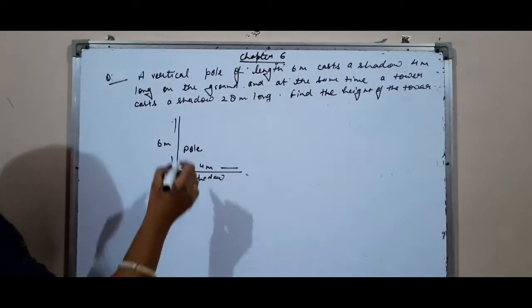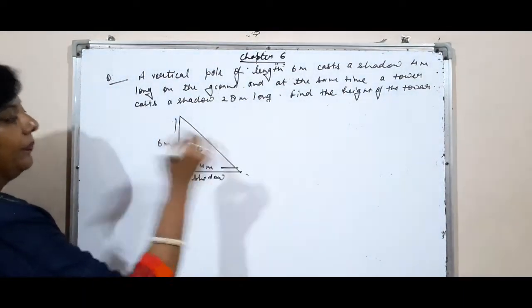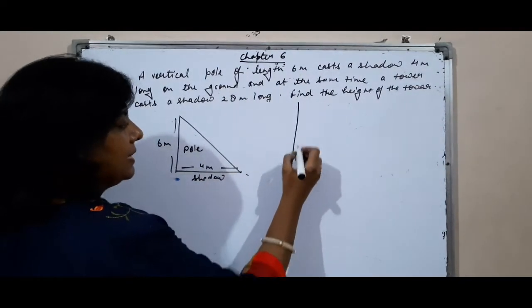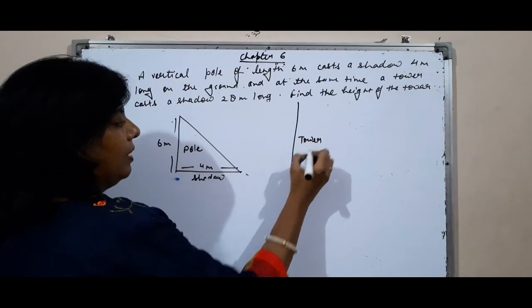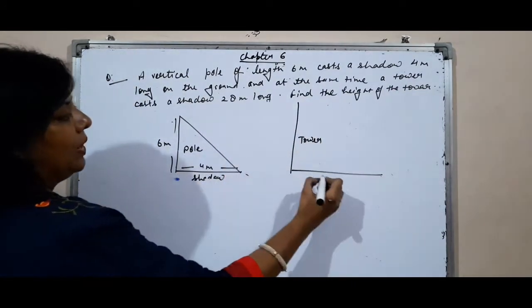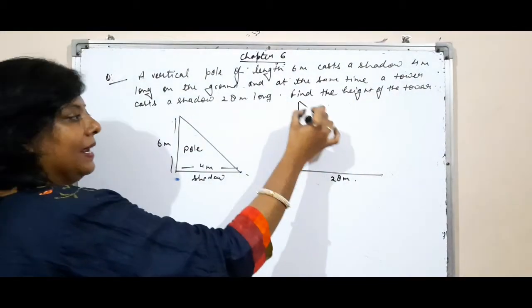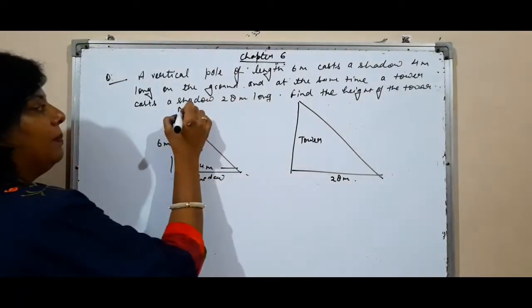At the same time a tower casts a shadow 28 meter long. Find the height of the tower. आपको height of the tower बतानी है.